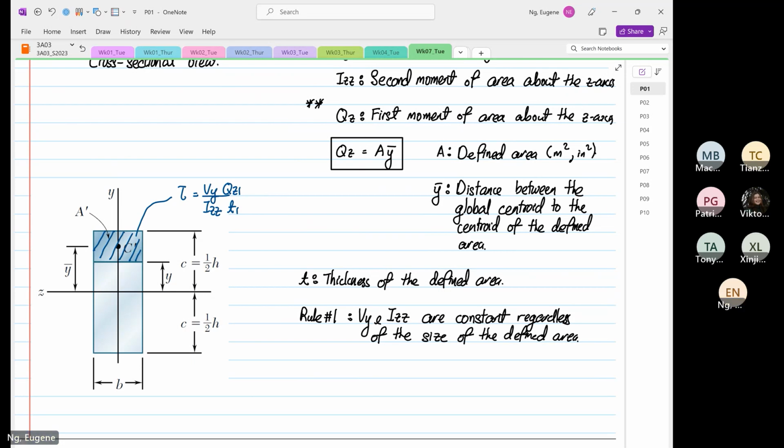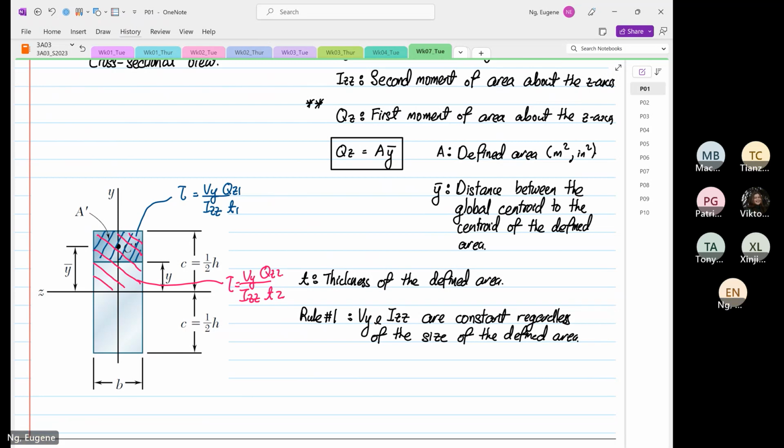Now if we are going to find another, or we're going to find now our defined area change. So let's say now our defined area is this entire area above the centroid, right? The shear stress will be equal to still Vy over Izz, QZ2 and T2.